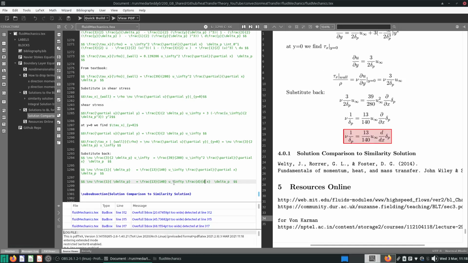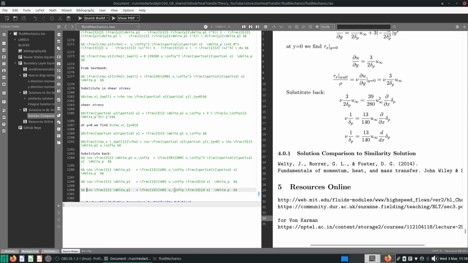Okay, so after that we can just do separation of variables. So we'll bring delta P over to the other side, and we'll bring 140 over 13 to the left hand side. So delta P goes to this side, and the x goes to the left hand side.